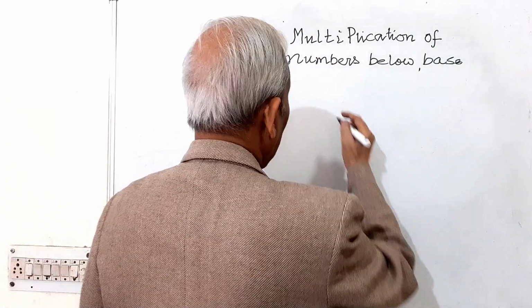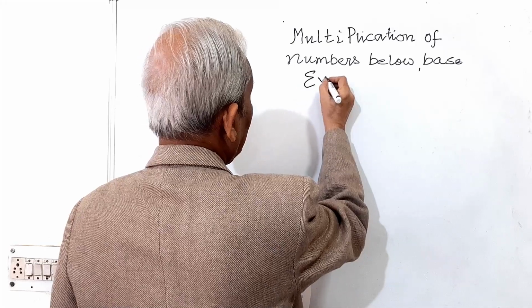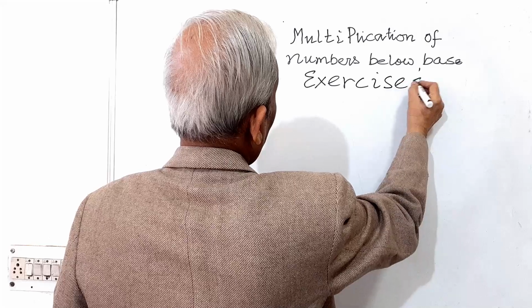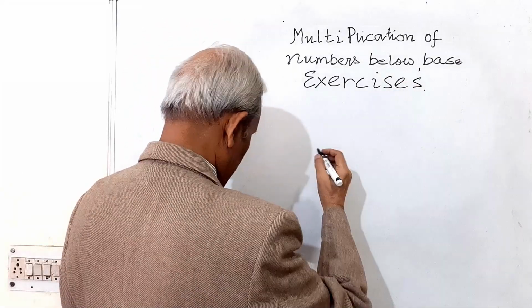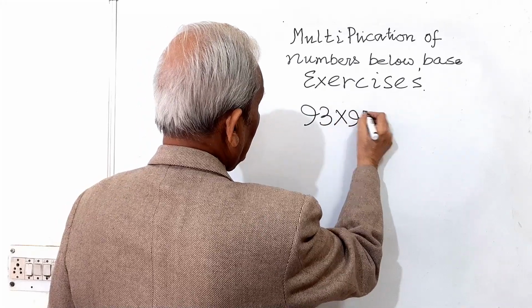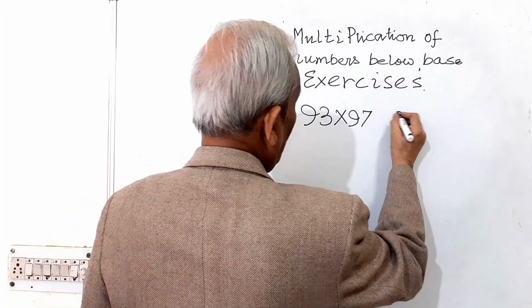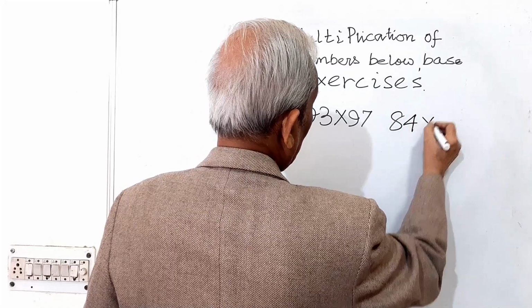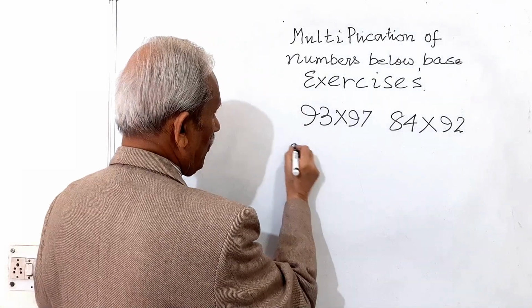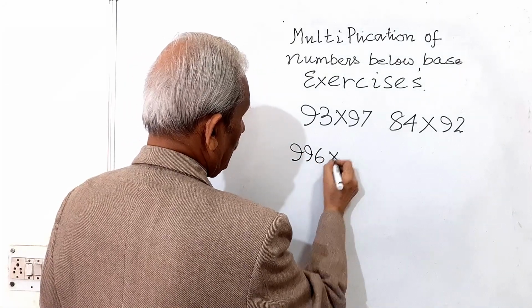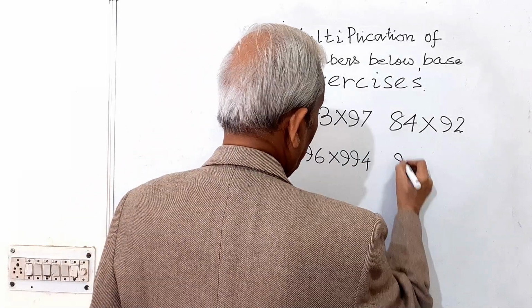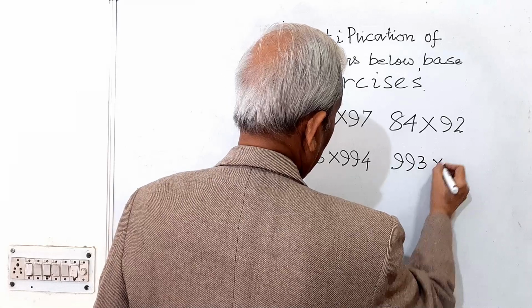The questions are, so here are exercises. 93 into 97, 84 into 92, 996 into 994, 993 into 998.